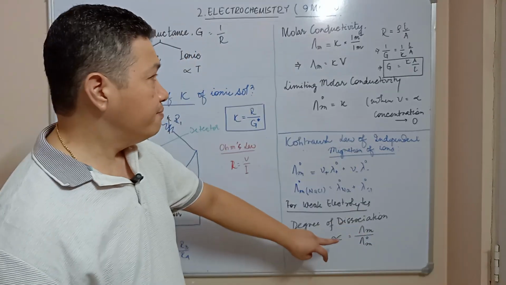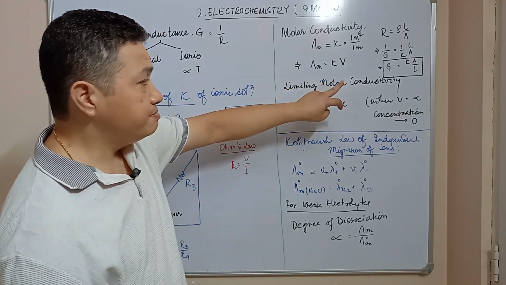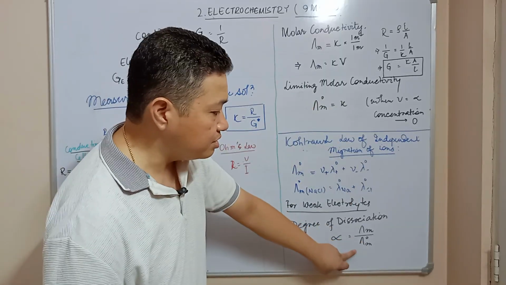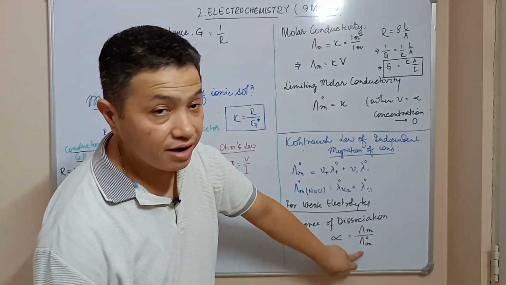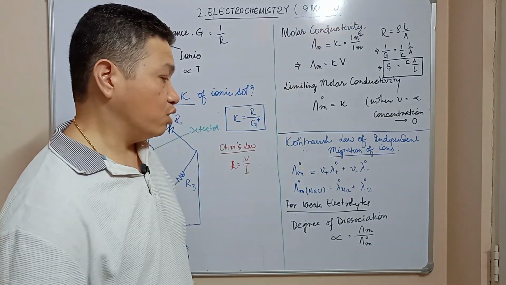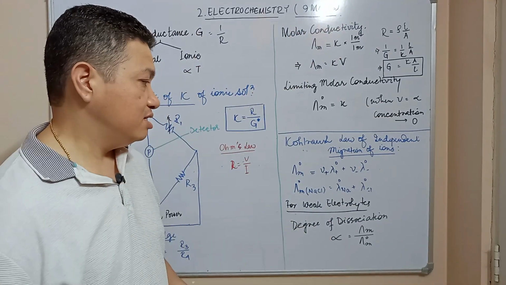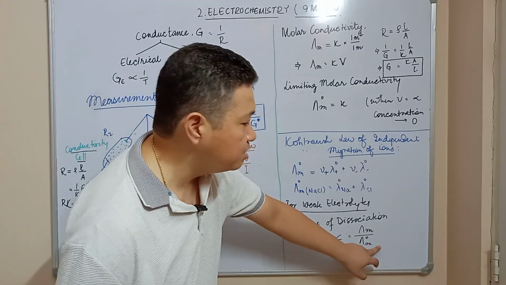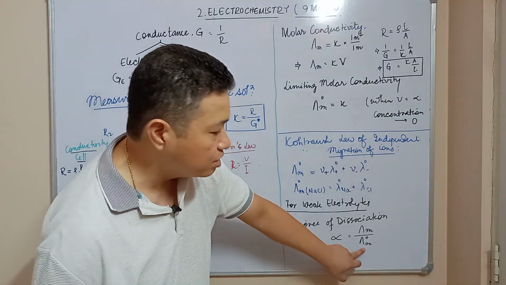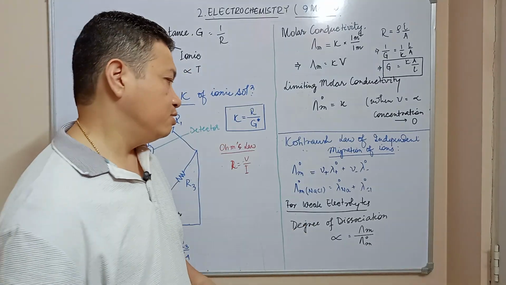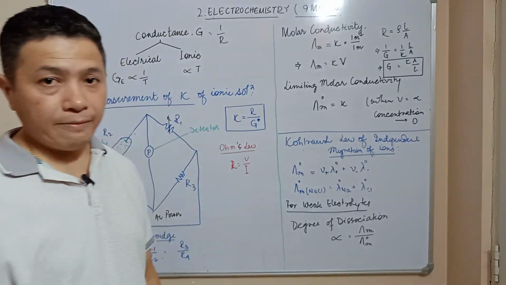It will be the ratio of molar conductivity to limiting molar conductivity, that is, conductivity at infinite dilution, or when the volume approaches infinity, or concentration approaches zero. This ratio of molar conductivity and limiting molar conductivity gives the degree of dissociation of weak electrolytes. Please remember this relationship.